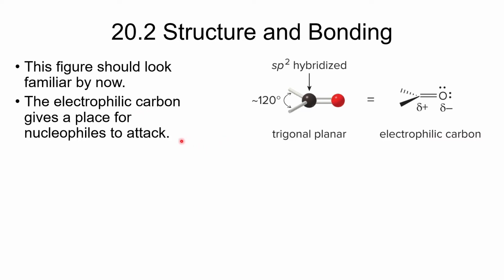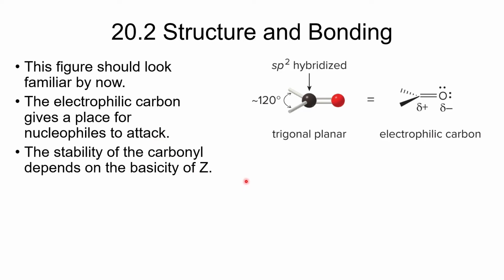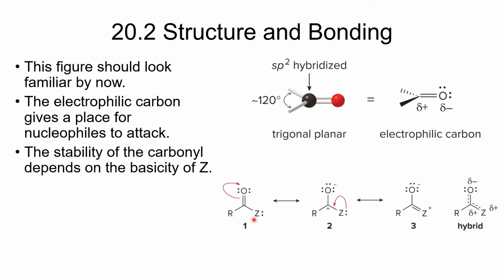So the electrophilic carbon is going to be a location where we get nucleophilic attack. And in this chapter, we're focusing primarily on compounds that have a potential leaving group, and that leaving group can be any of those things that I just mentioned: chloride, OH, OR, a carboxylate leaving group, or an amine leaving group.